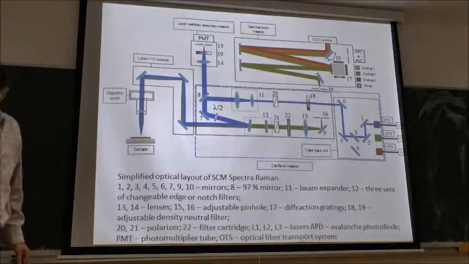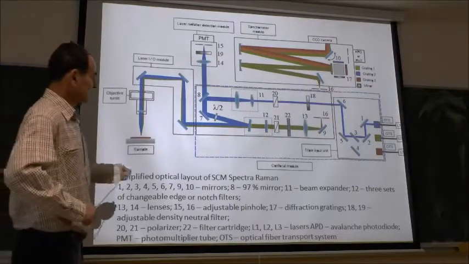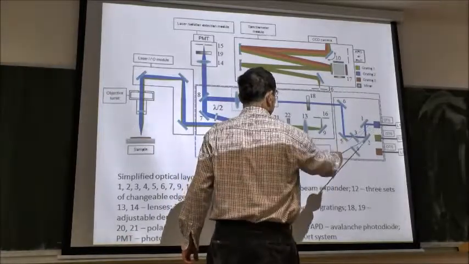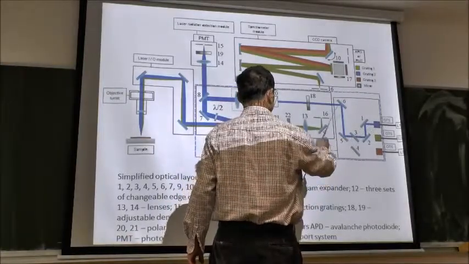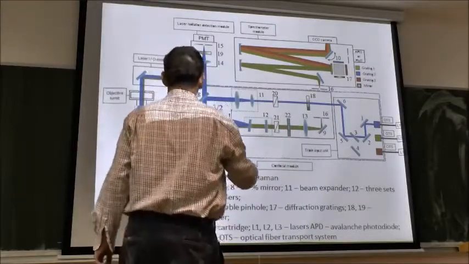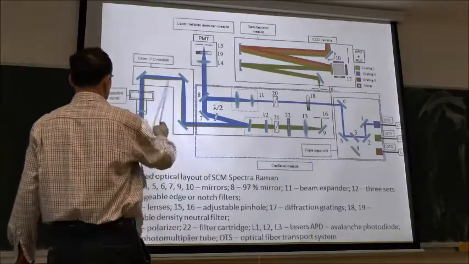Here is a schematic of the laser beam travel. The laser enters the spectrometer through the optics and travels to the microscope.